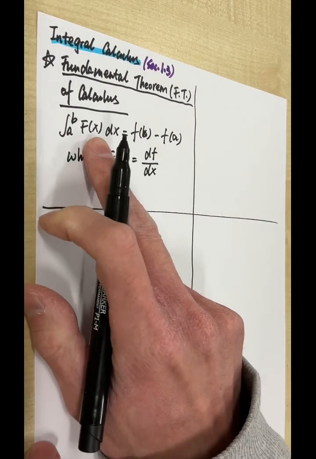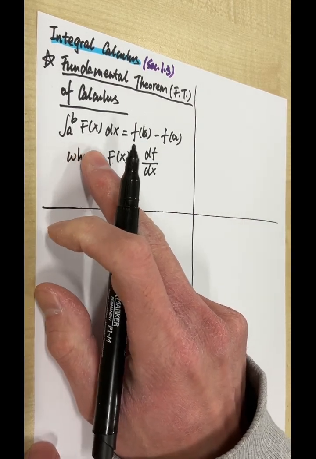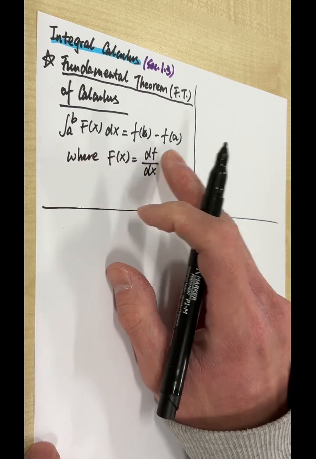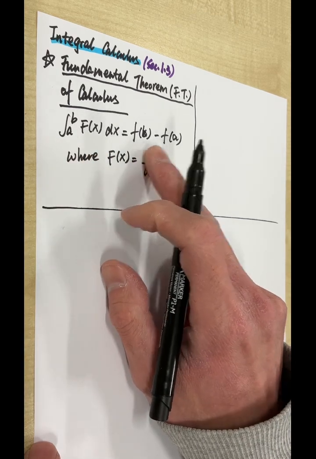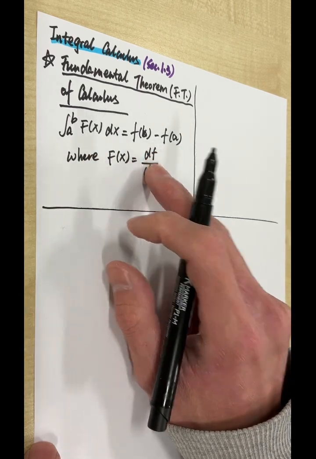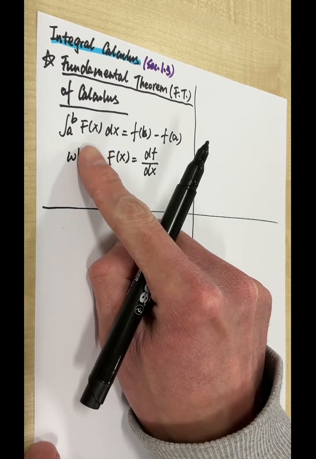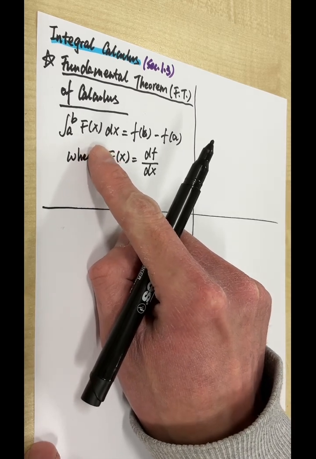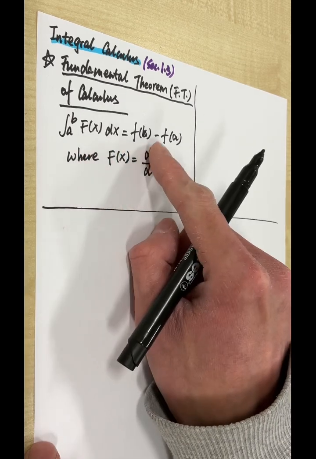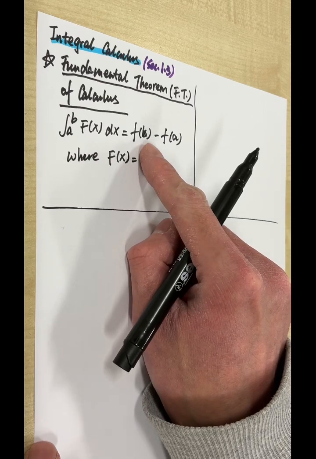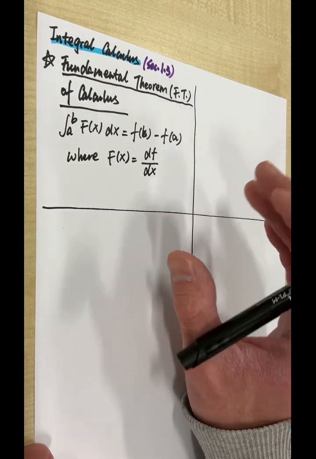So the integral of the derivative is given by the value of the function at the endpoints. Basically, this tells us how to integrate the derivative, and then we get the original function where the differentiation disappears.